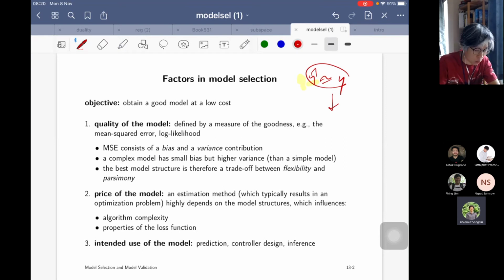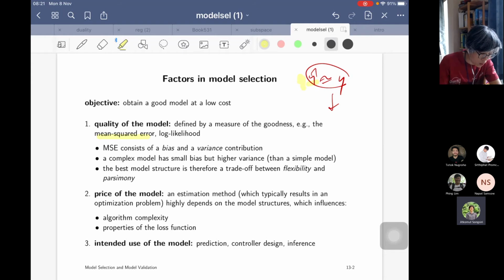For example, you can use MSE, mean square error. You can use log likelihood if the model is estimated from the maximum likelihood principle. In statistics, you can use R square and so on. You can use residual sum of squares. So the quality is the first thing you want to look at: how the model fits your data.